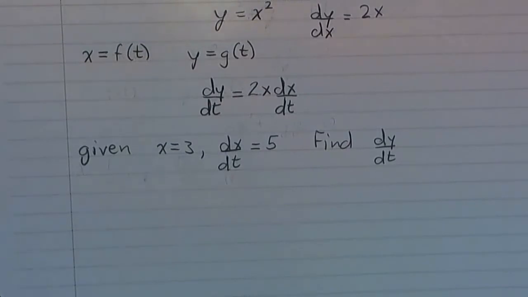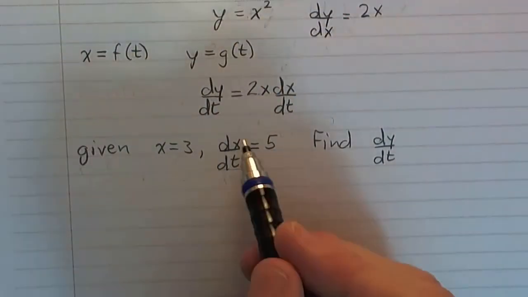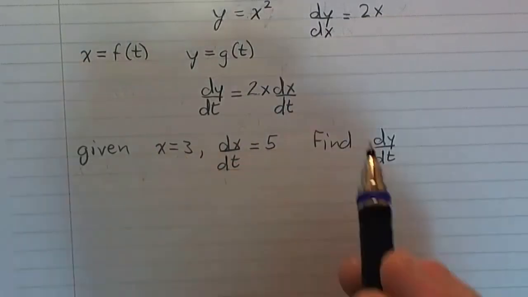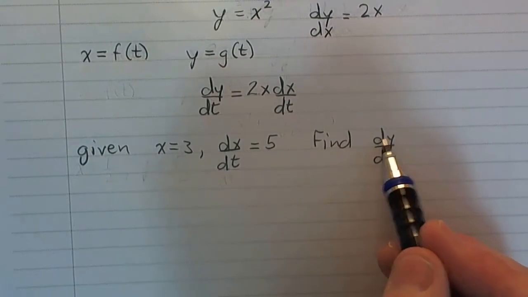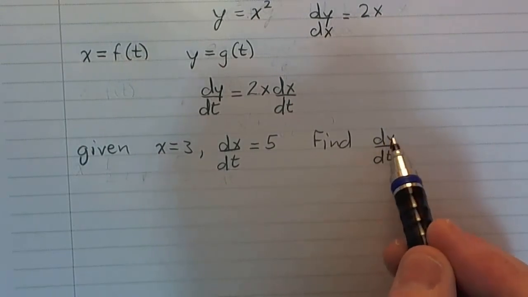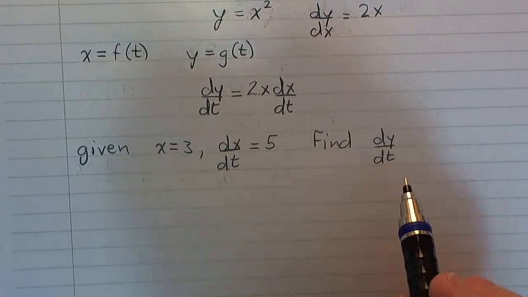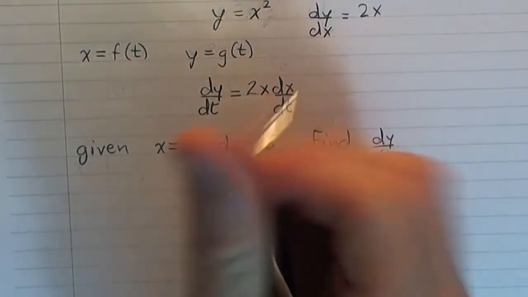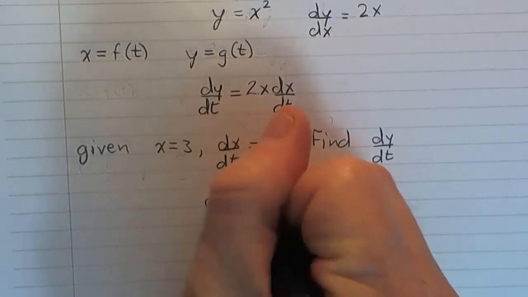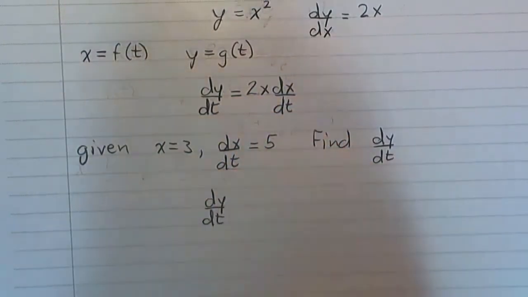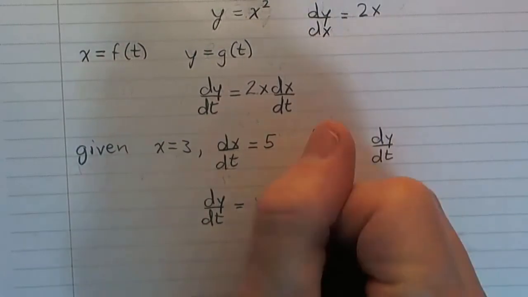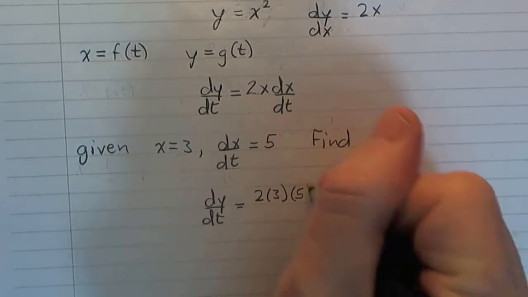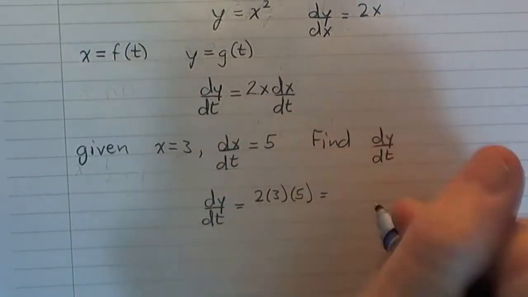In other words, we're given the rate of change of x with respect to t, we're given the value for x, and what we want to find is the rate of change of y, dy/dt, with respect to t. So we go back and plug in here. We've got dy/dt equals 2 times 3 times 5. And that would be 30.